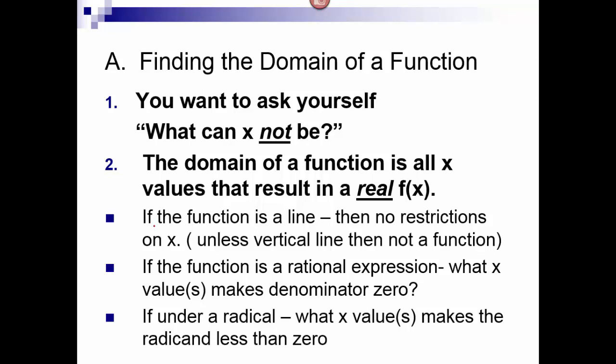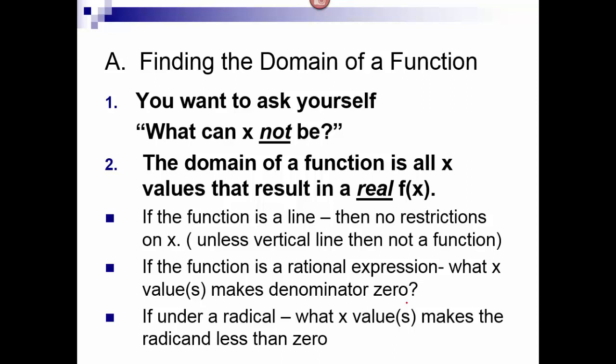All right, now if the function is a line, then there's no restrictions on x. Unless it's a vertical line, then it's not a function. If the function is a rational expression, you look at the denominator. What x values make the denominator 0?